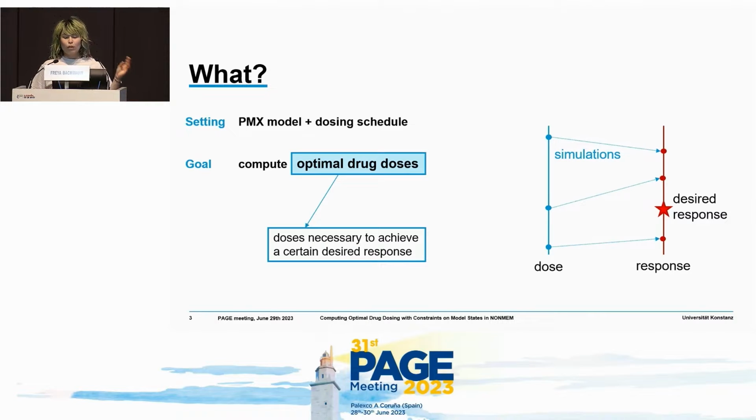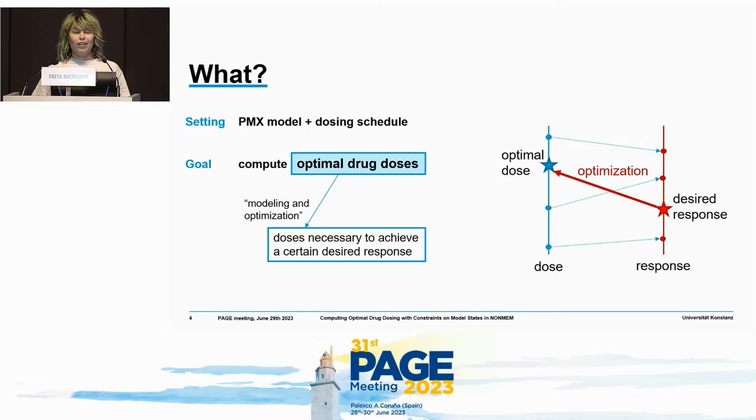So, many of you are familiar with the modeling and simulation approach. You simulate many different doses and pick the one that you like the most, such as the one which has a response that is as close as possible to your desired response. And clearly, this has brought lots of improvement to dosing recommendations, but let me suggest to go the other way around.